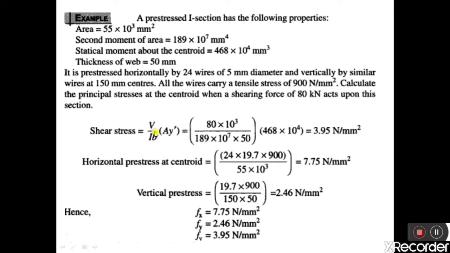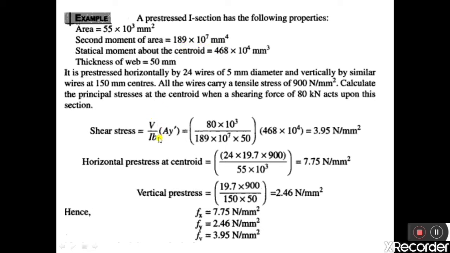So in this equation we know what V is. V is the shear force, given in the question as 80 kilonewton. I is the moment of inertia, given as 189 into 10 to the power of 7 millimeter to the power 4.